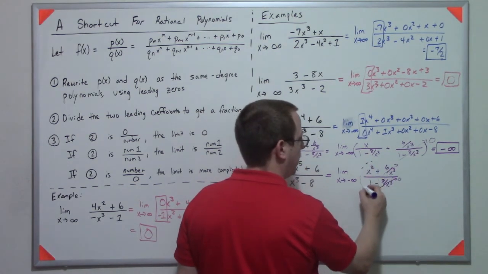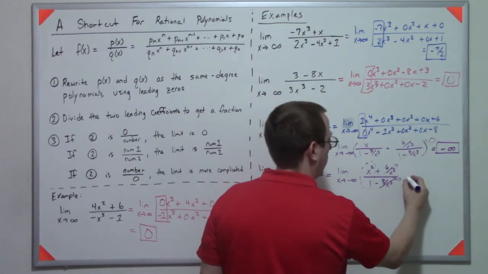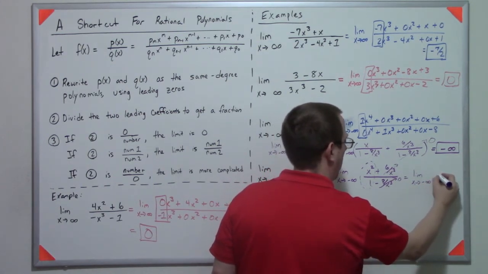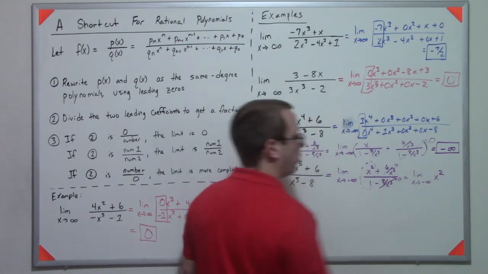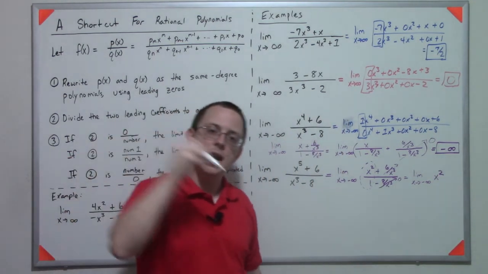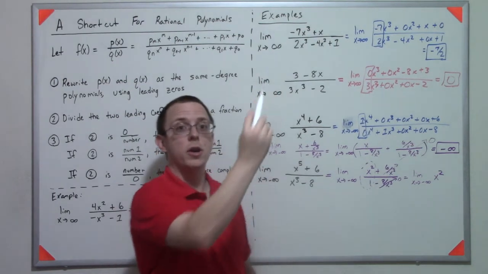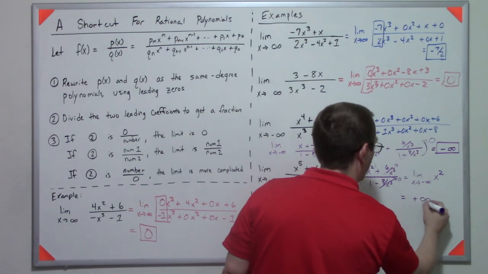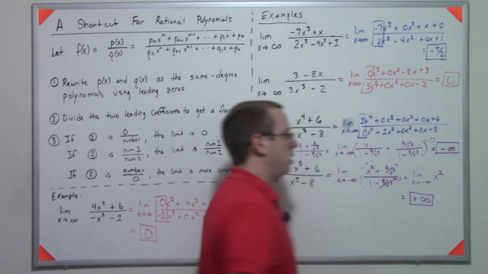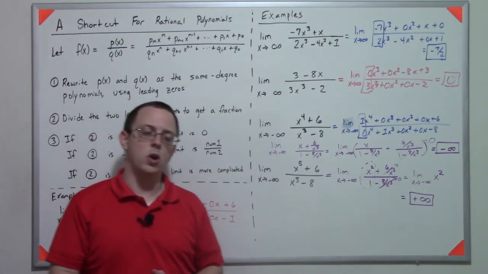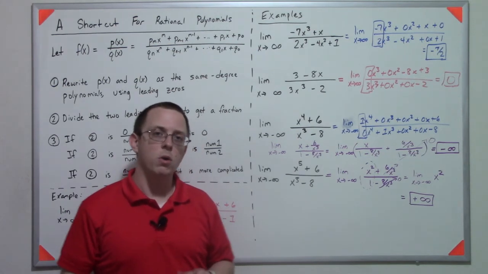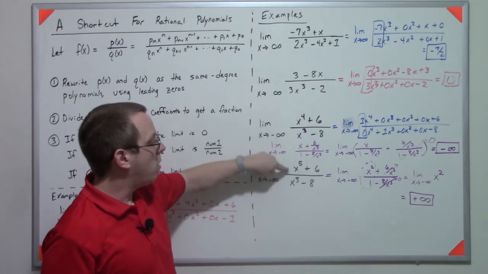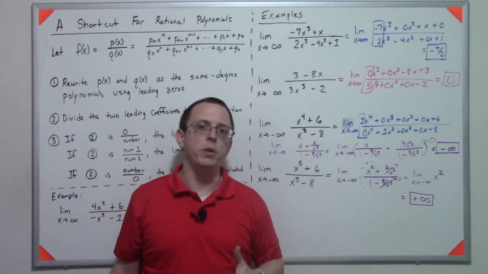So basically it's going to be the same limit as x squared. But as x goes to negative infinity, x squared goes to positive infinity. So you have a difference there in terms of the outcome, even though in both cases the coefficient on top was larger. So you have to be careful with that.